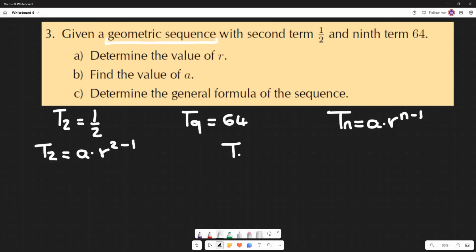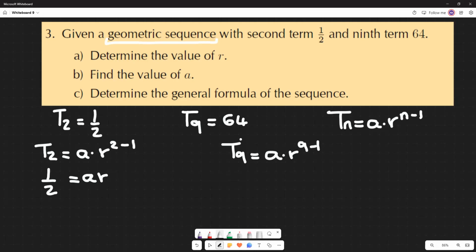And T9 is the same as A times R to the power 9 minus 1, replacing n with 9. The value of T2 is half, so I put half here, equals A R to the power of 1.